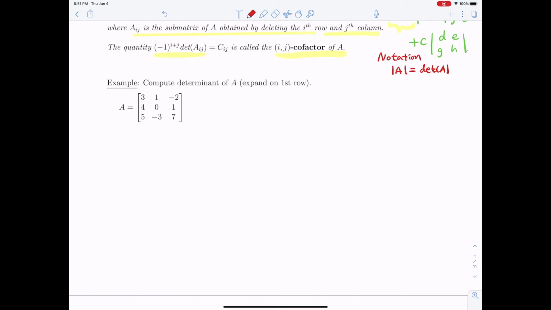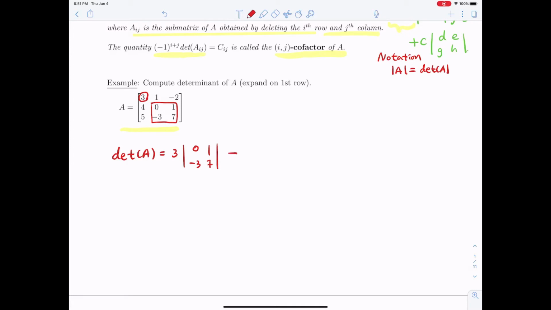So let's practice the computation with this example. Suppose that A is given by this matrix, then the determinant of A equals, you begin with the very first element. So 3 times the determinant of this minor matrix, 0, 1, -3, 7.